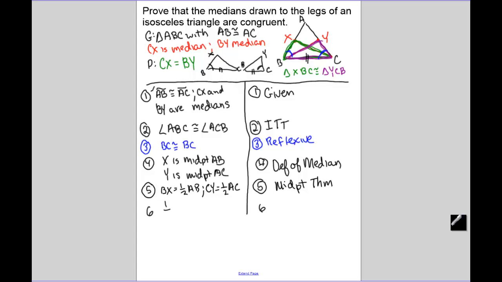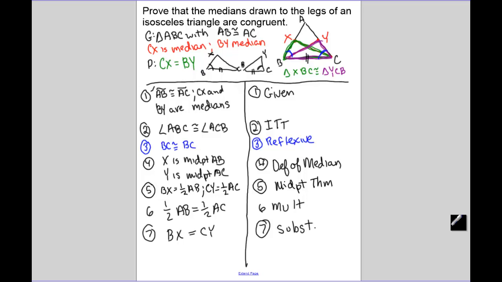So therefore, if I multiply both sides by 1/2, then our 7th step is going to be substitution. I can't substitute and say BX is equal to CY quite yet because I don't have an equation that I'm substituting into. So therefore, BX is equal to CY by substitution.